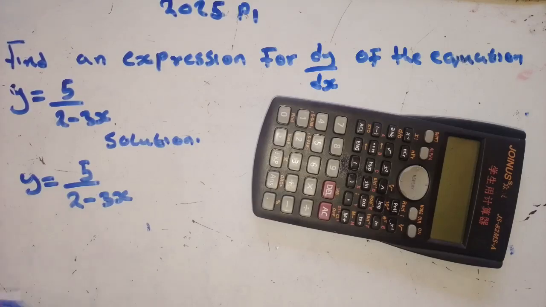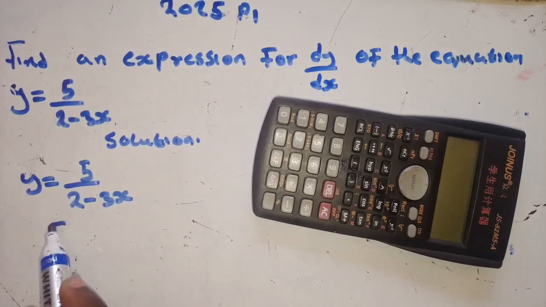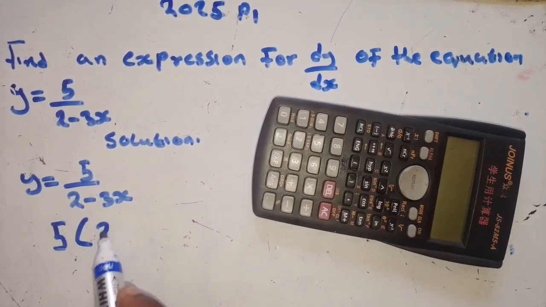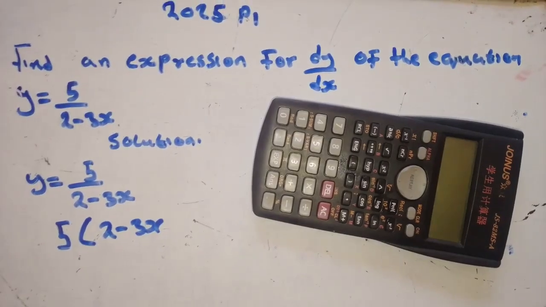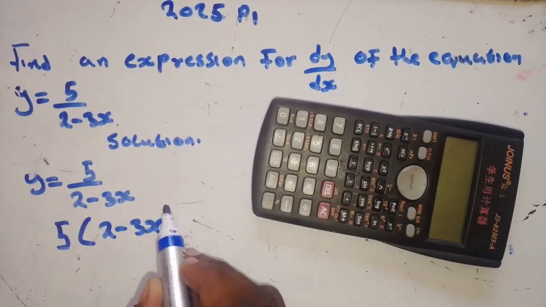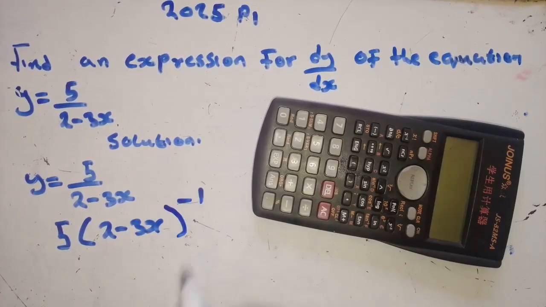Okay, so this is the equation that we have, and we have been told to obtain an expression for dy/dx. This can also be written as 5 multiplied by (2 minus 3x) to the power negative 1.